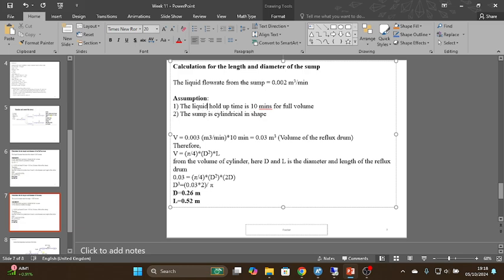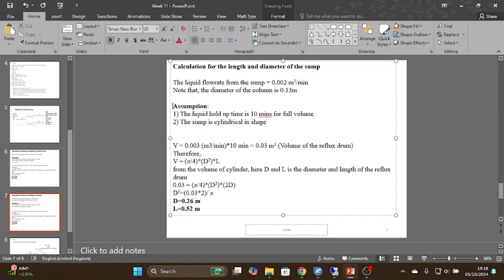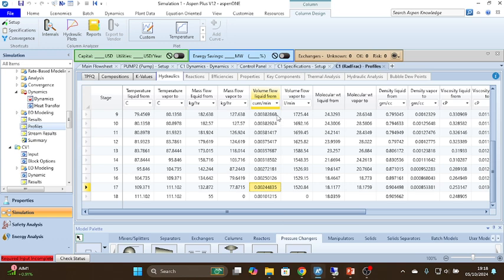And we have to note that the diameter of the column is 0.13 meter. From where am I getting this? I am getting this from here.